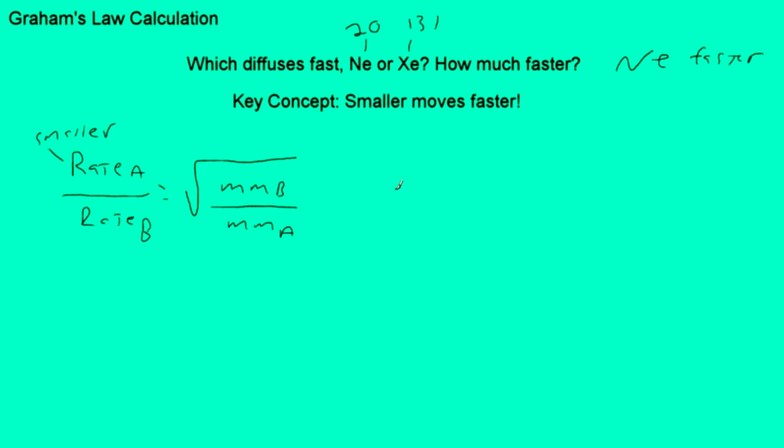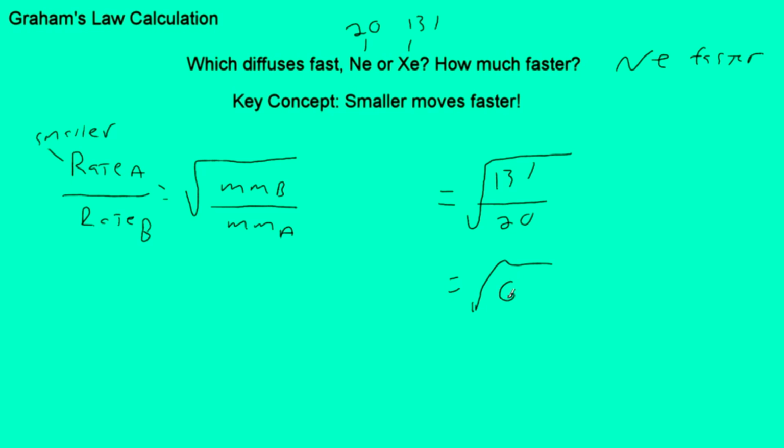How much faster is it going to move? This is where this calculation comes about. So all you have to do is you take the molar masses. Now remember, you want to put the larger one on top. Notice how this is the molar mass of B, which is the one on the bottom here. So it's the opposite. Be careful there. So we're going to put the larger one on top, 131. Molar mass of your smaller one's on the bottom. And you're going to do the square root of this. So do 131 divided by 20.